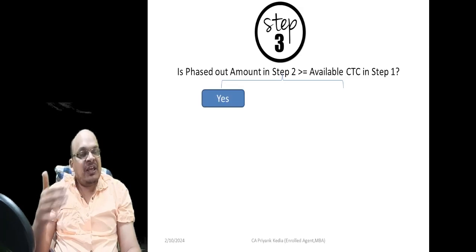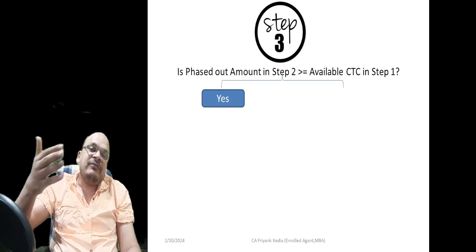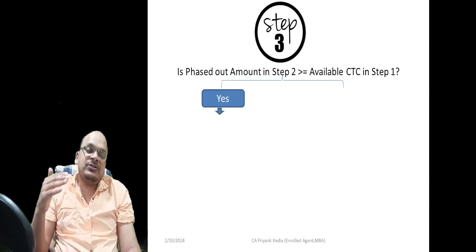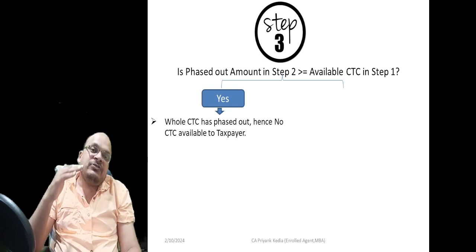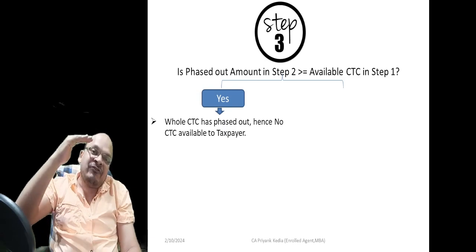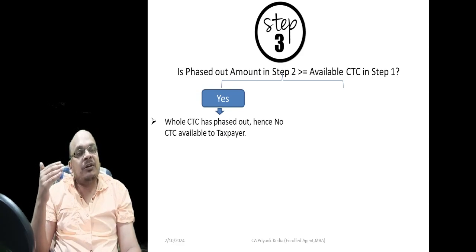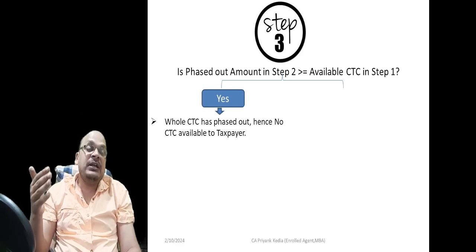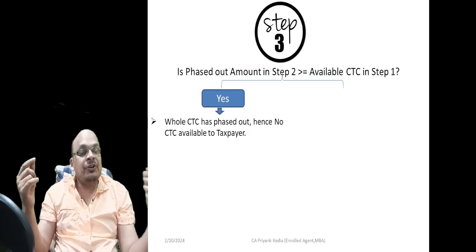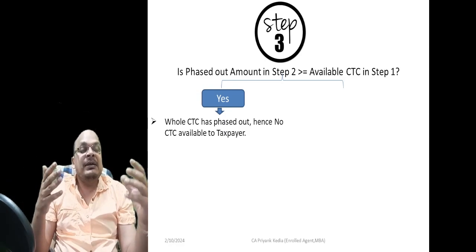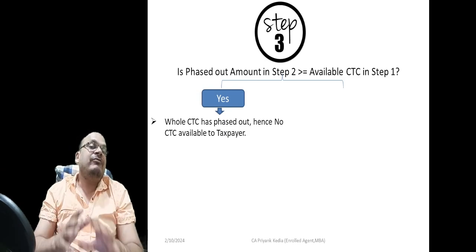Common sense. If yes, that is, the phase out amount is more than the available child tax credit, then the answer is simple. Because the complete child tax credit has phased out or has reduced, that simply means the taxpayer is not eligible for any child tax credit. The whole benefit is reduced. The taxpayer income is so high that he is not eligible for this benefit, right?